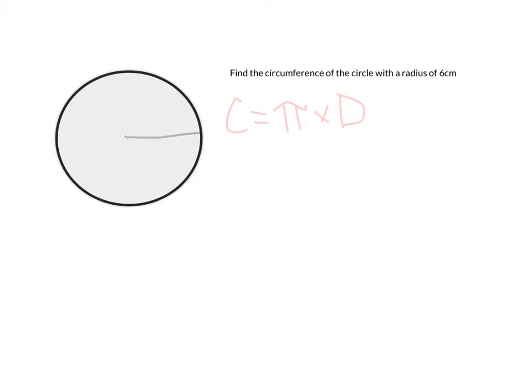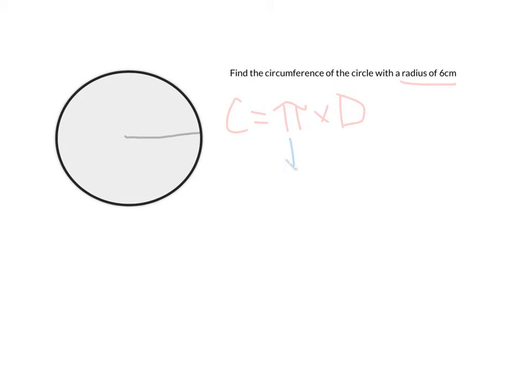Now in this case, we're not given the diameter, we're given the radius. So we need to figure out what is the diameter. Remember from last week, if you know the radius, then the diameter is going to be double.